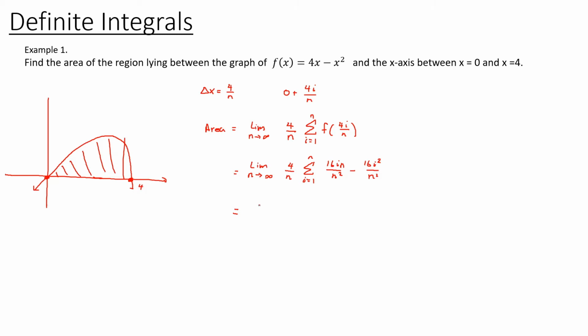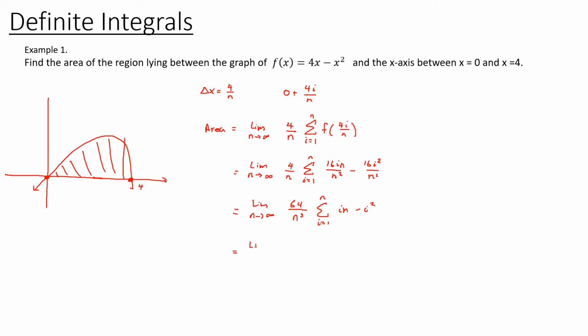Now we're going to factor out not only n squared in the denominator, but 16 also exists in both terms. So I'm going to take out 16 over n squared, making it 64 over n to the third, sigma of i equal to 1 to n, of in minus i squared.